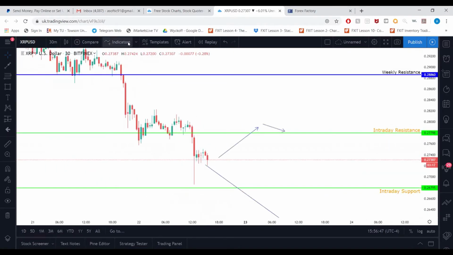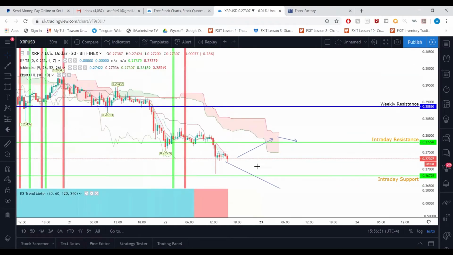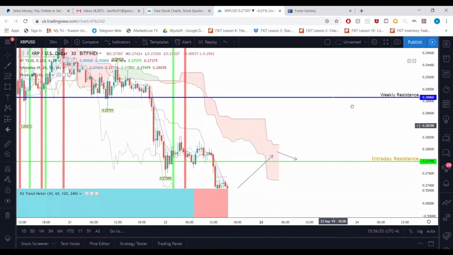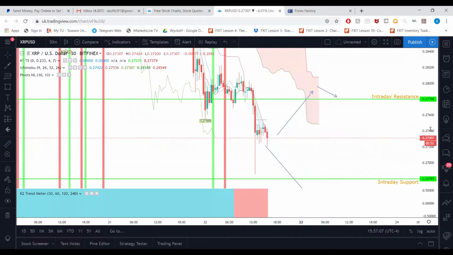If you are a subscriber to K2, K2 is really good for crypto as well. As you see here, last sell signal, currently, well, it went all the way up to 100 pips, but currently 56 pips running.